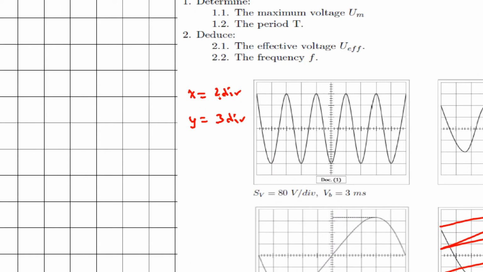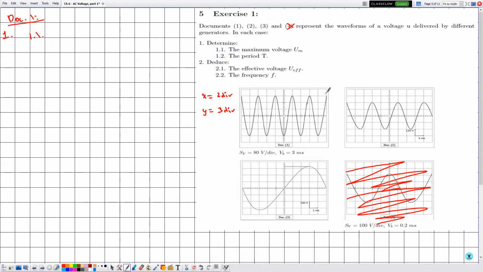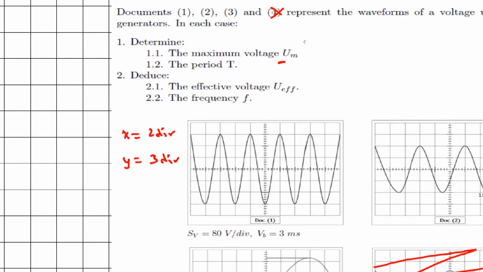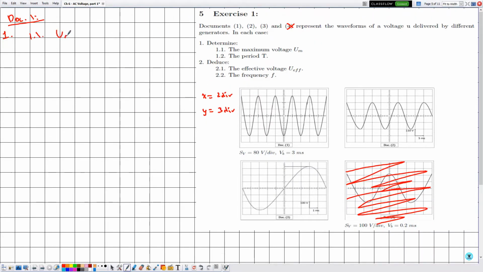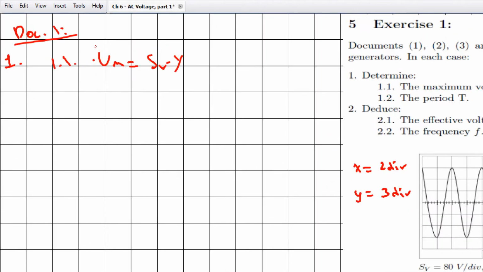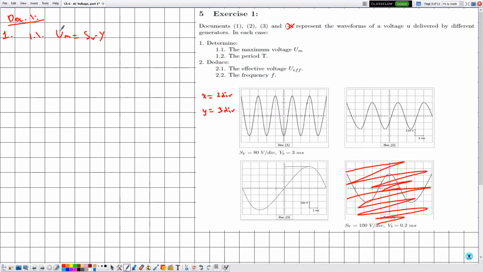Now after we have determined the values of X and Y, we can directly apply the formula. We are interested in determining the maximum voltage. Then U max is given by SV multiplied by Y. Here we don't have any law, we can directly apply the formula, but before replacing we need to write the formula in terms of variables.